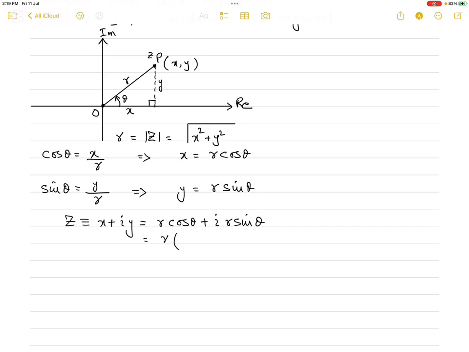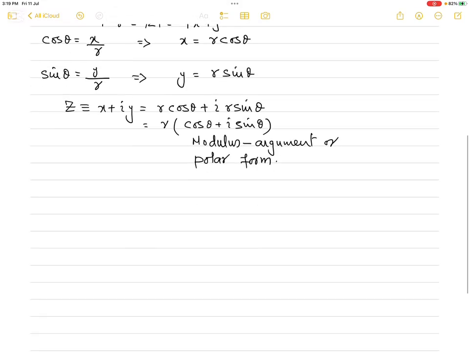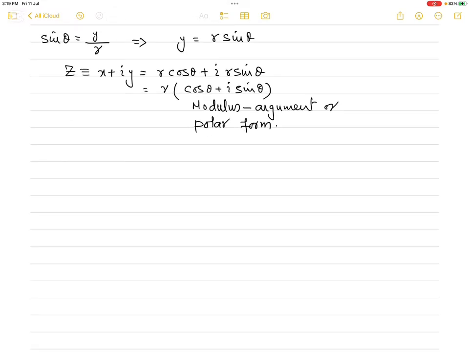Take r as common and you are going to write r times cos theta plus i sine theta. So this is our modulus argument or polar form. Our third form is exponential form.